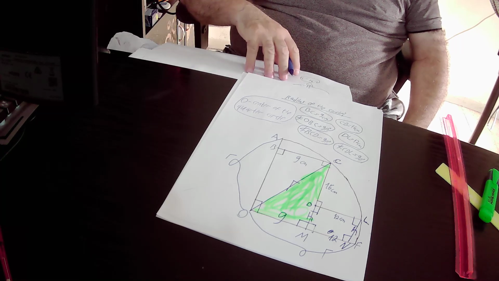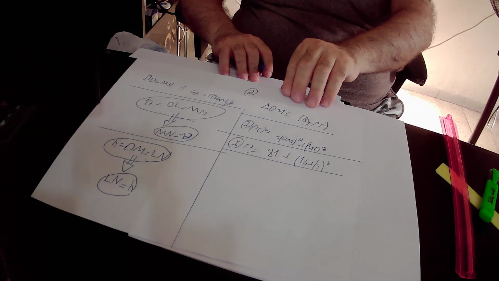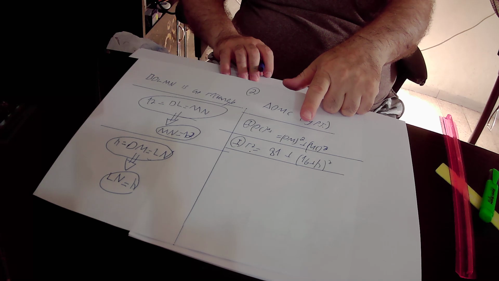So in conclusion, we found that according to equation number 2, R square equals 81 plus (16 plus 8) square.